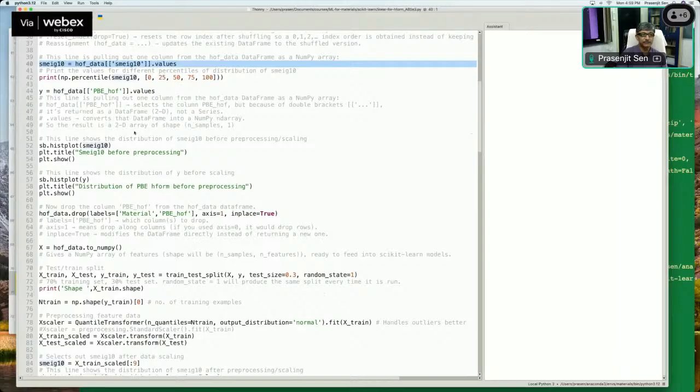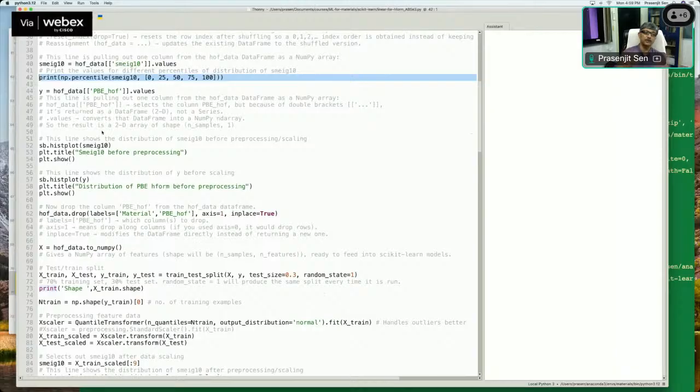And I'm printing the percentiles: the 0, the 25, the halfway mark, 75 and 100, etc. So you get a feel of the distribution of this particular feature. You can do it for all features. This is just to show how you can get a feel of how your features are distributed, what kind of preprocessing you might want to do.